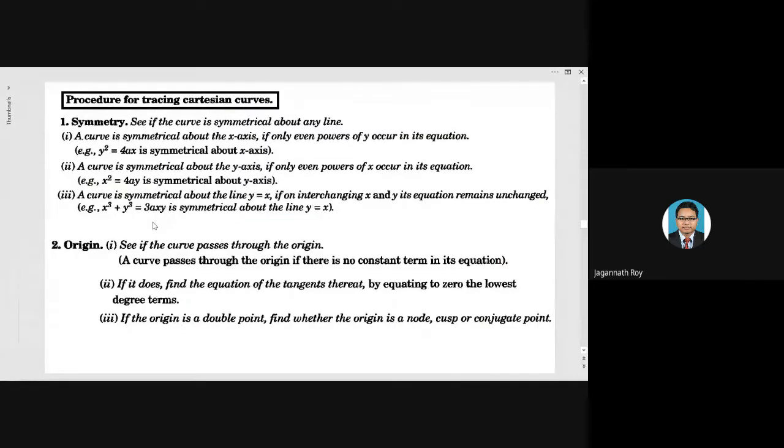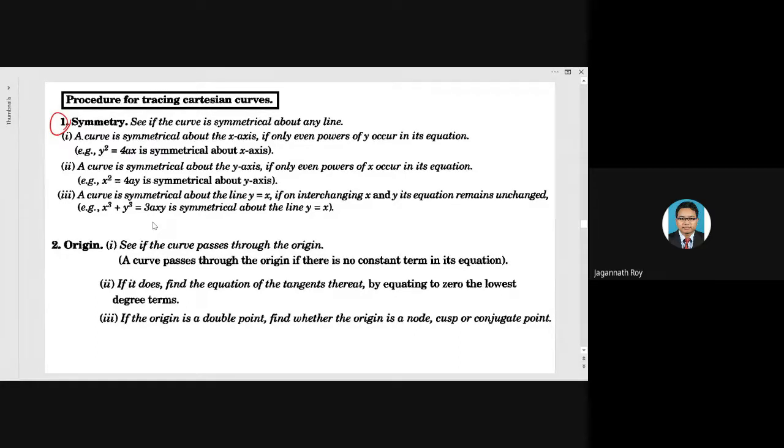Now, when we try to plot any graph, we must know the symmetry, whether it will look like this, this, or this. To which axis it is symmetric. It may be symmetric about this line, or it may be symmetric about this line. So this symmetry is very important to plot the graph.